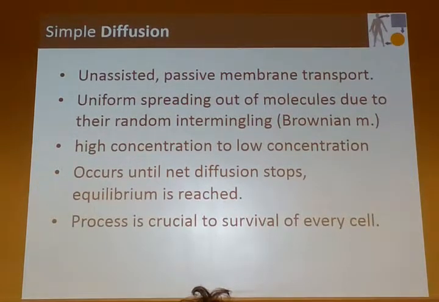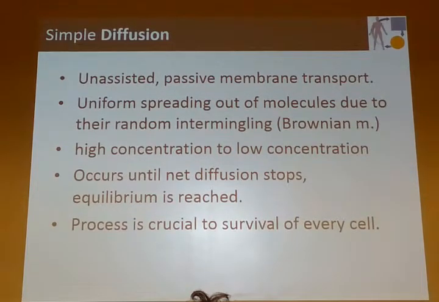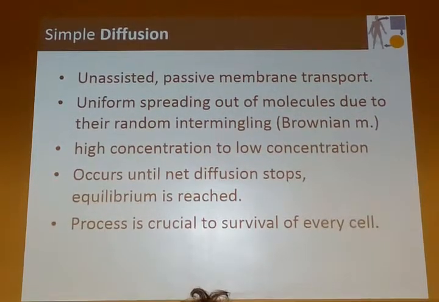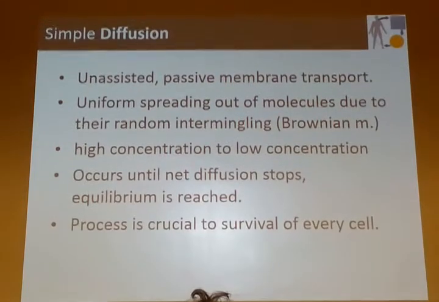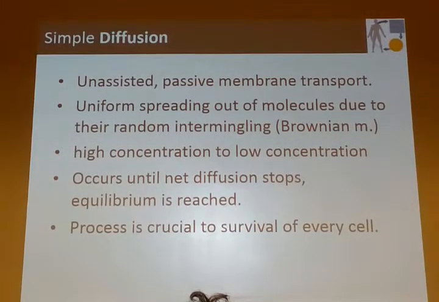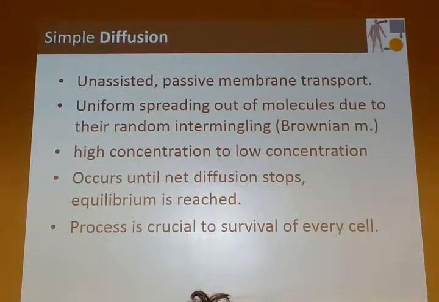If you didn't have ATPases correcting for this diffusion, sodium would reach its equilibrium and potassium would reach its equilibrium. And then net diffusion would cease. So there is still diffusion happening, but every time one goes across in one direction, another one will go across in the opposite direction.